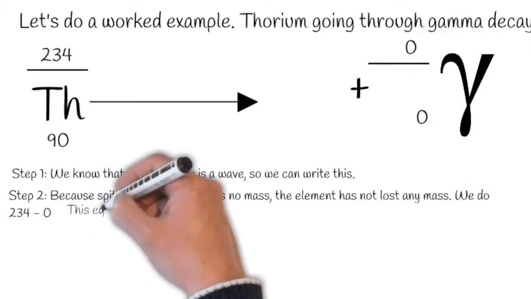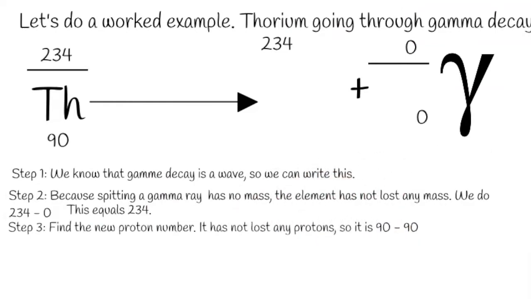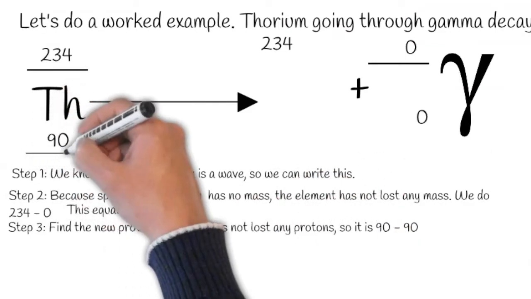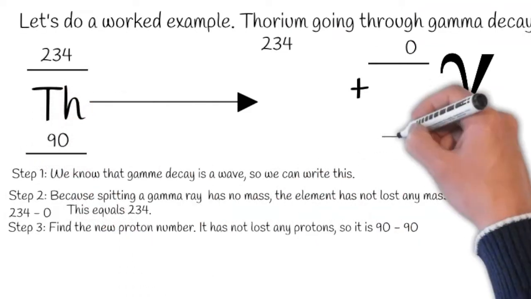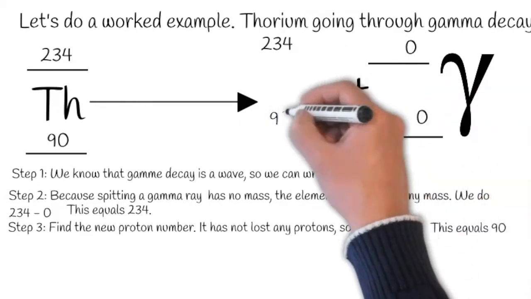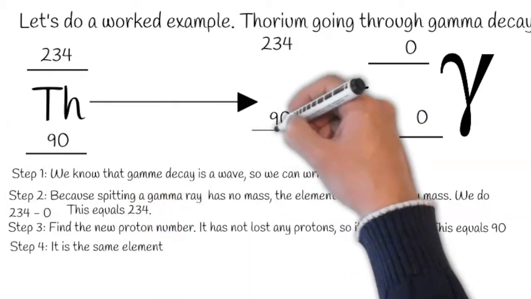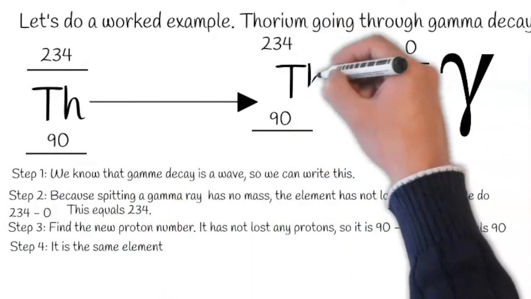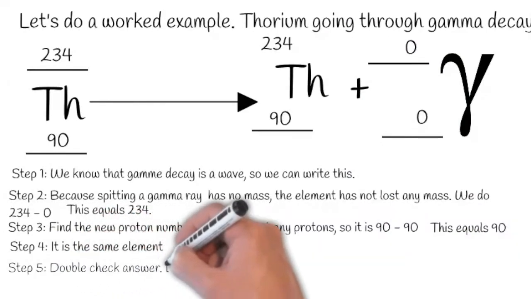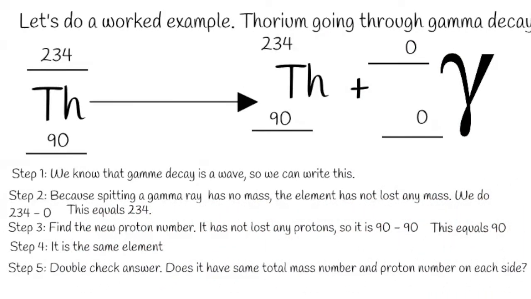So 234 minus 0 would still be 234. Again, to find the proton number, it's not lost any protons, so it'd be 90 minus 0, which is still 90. It is the same element because it's not changed in its proton number. So we write that. Double check the answer, make sure it's not changed, and there it is.